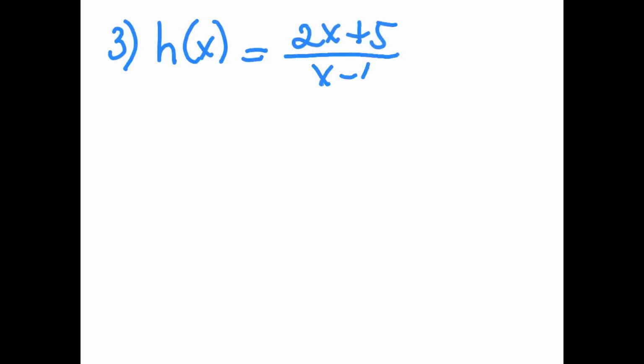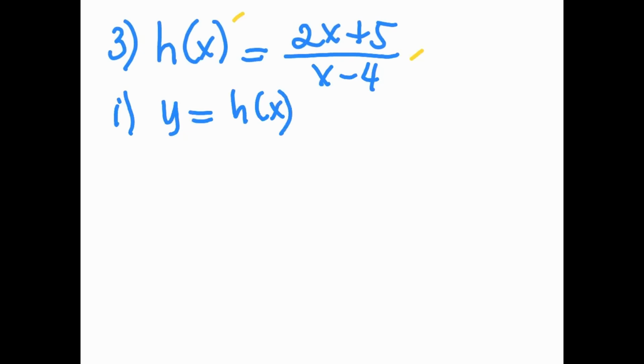Now, let's take another example. Suppose we have this function h of x, equal to 2x plus 5 all over x minus 4. So we have here a rational expression for this function h of x. Then we'll find the inverse, right? So again, undergoing the four-step procedure, first we'll let y be equal to that function h of x.